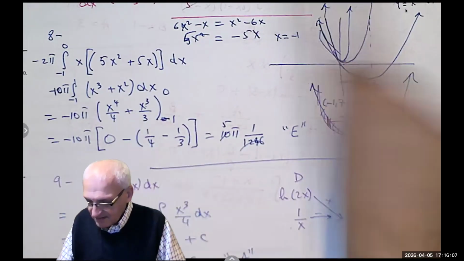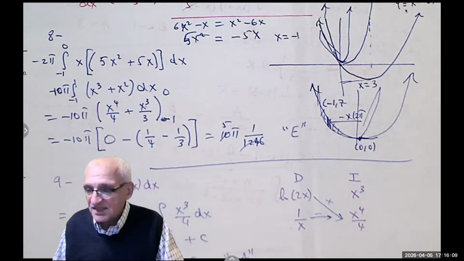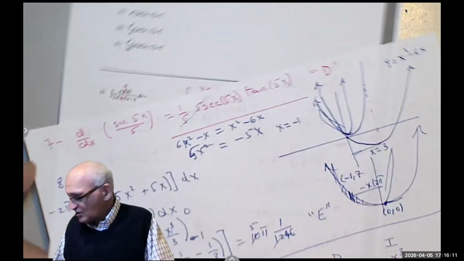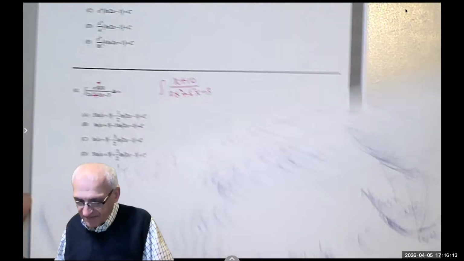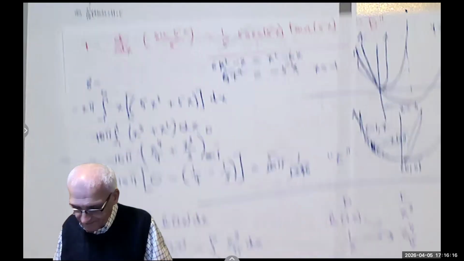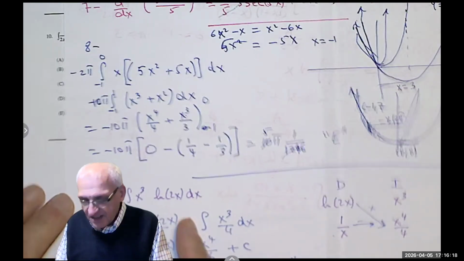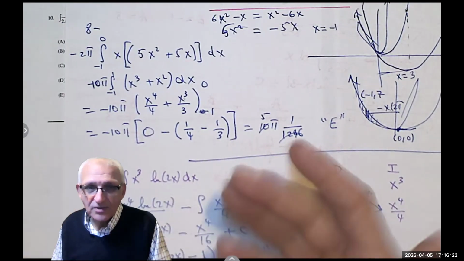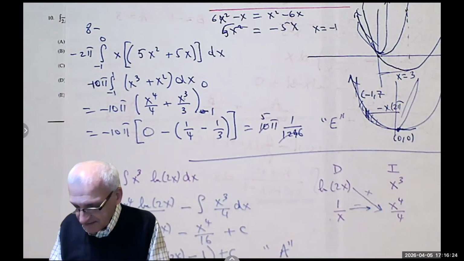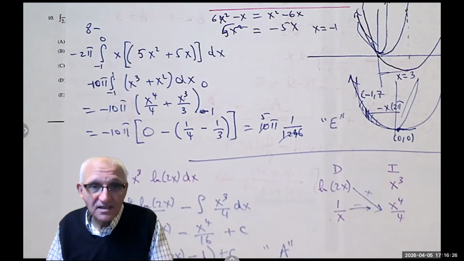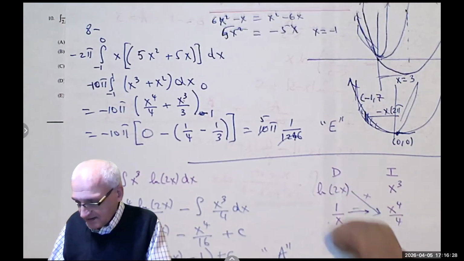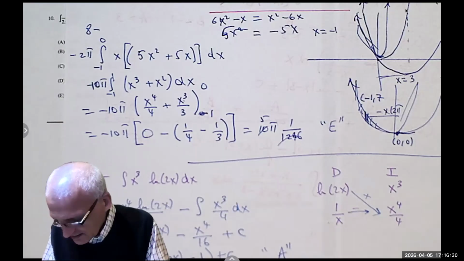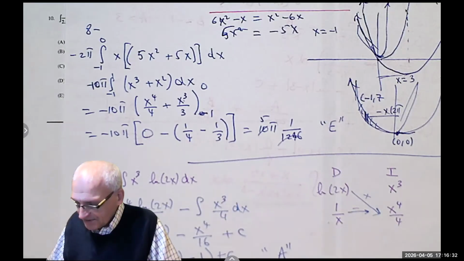You can see that many of them are just a single one-liner, like the first 3 and then number 7. This one is a little tricky because we have natural log of 2x, and usually when you have natural log, you make it the one that you take the derivative of, and the other one would be integrated.